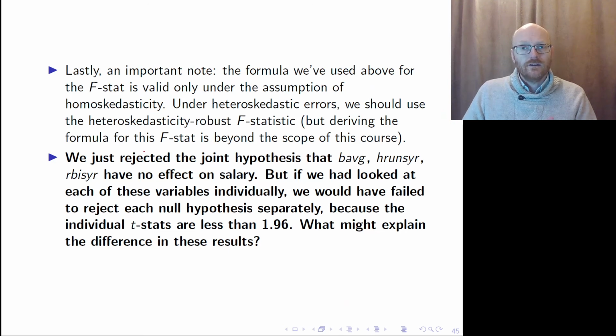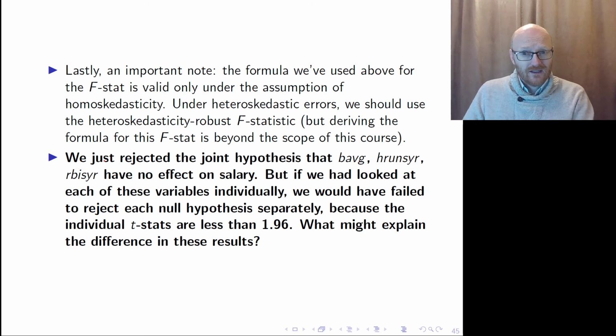So to conclude, the formula we used for the F test is only valid under the assumption of homoscedasticity. If we have heteroscedasticity, then we have to use a robust F statistic.